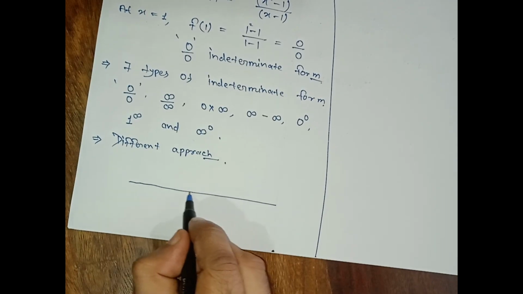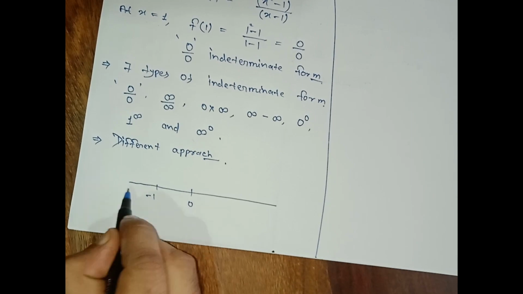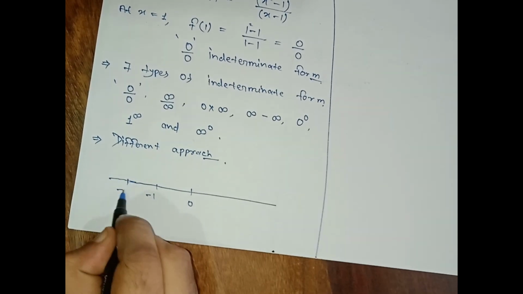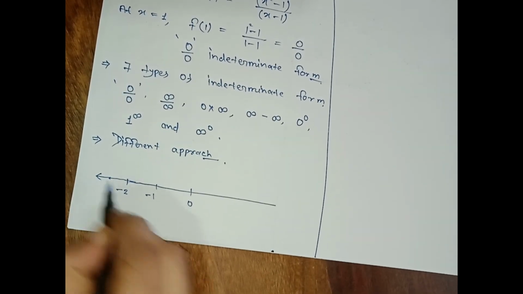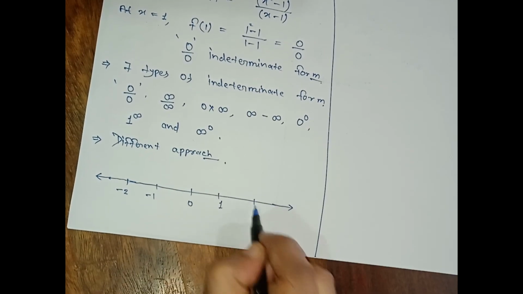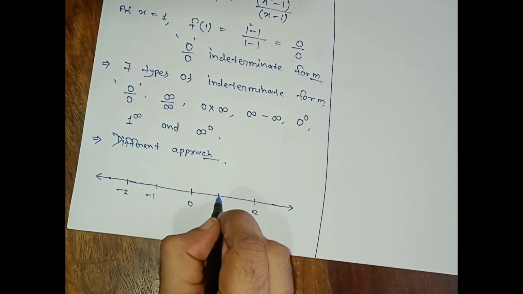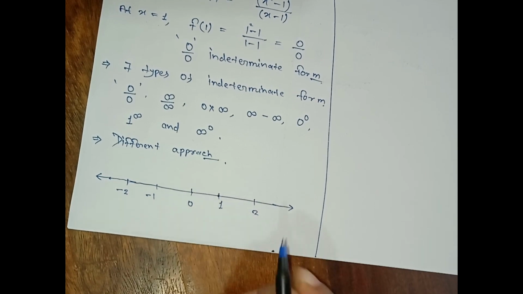Suppose this is a number line, this is 0, this is minus 1, and this is minus 2, and it goes on. Okay, and this is 1, this is 2, and it goes on. Suppose we are going to get closer and closer to x equal to 1.